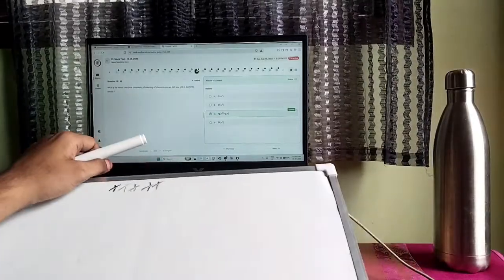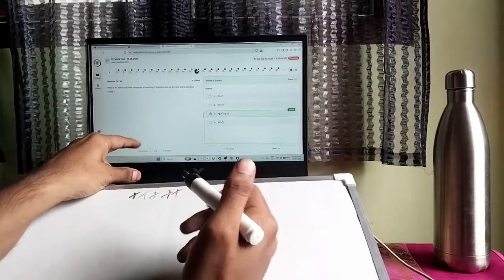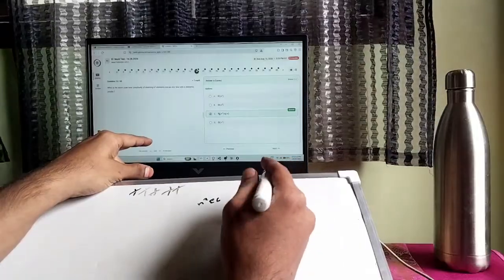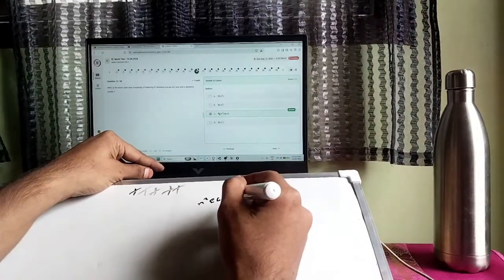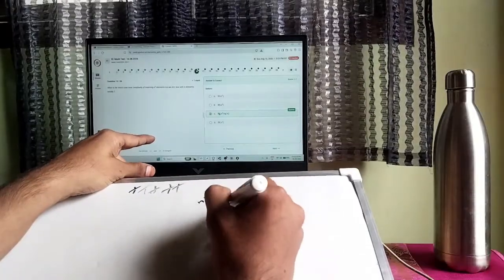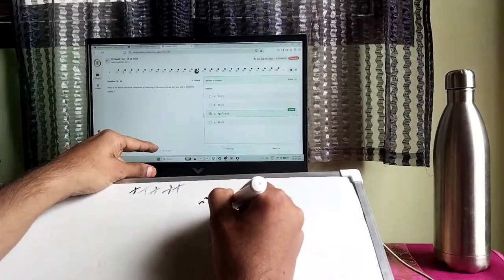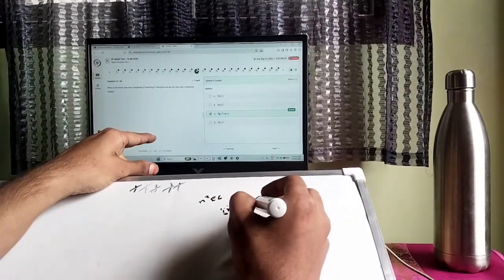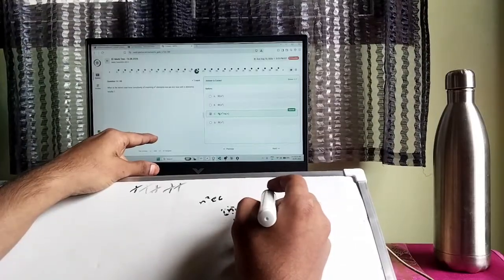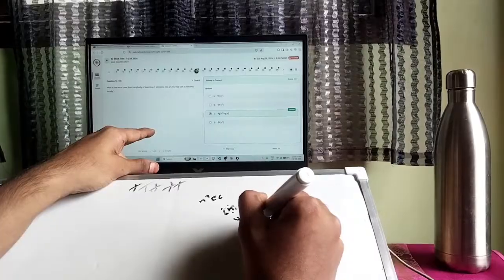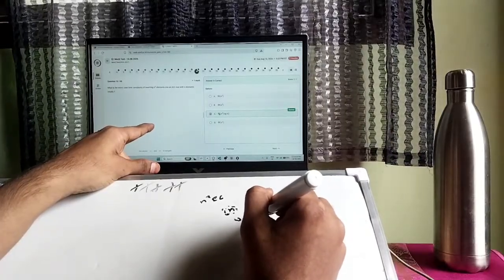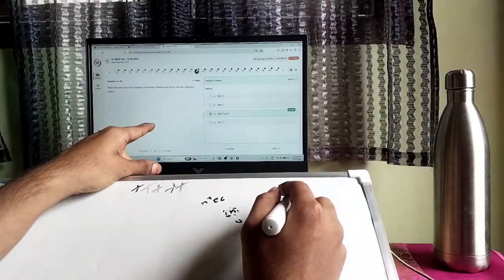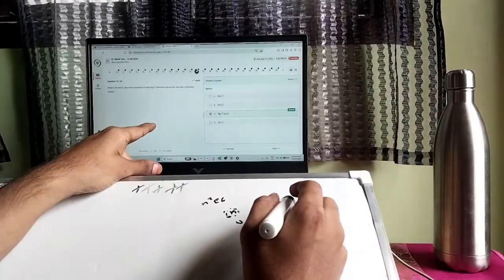We have to insert n square elements into an AVL tree. So let's say it is n. To insert n elements, we know the worst-case complexity.